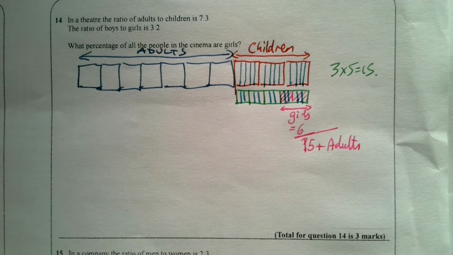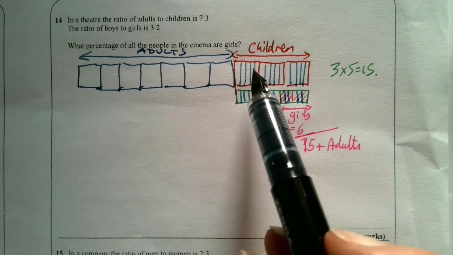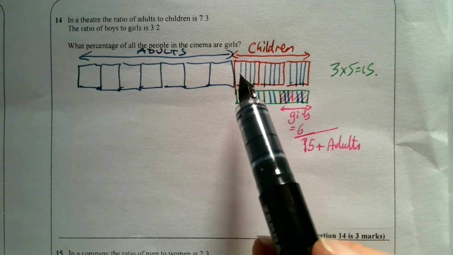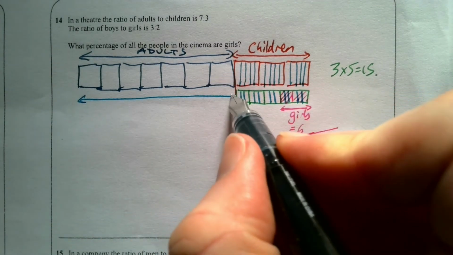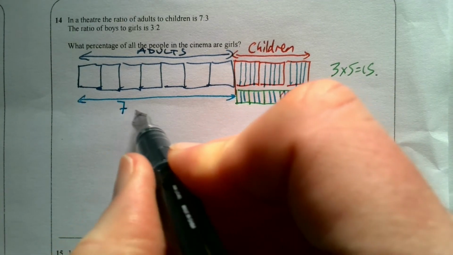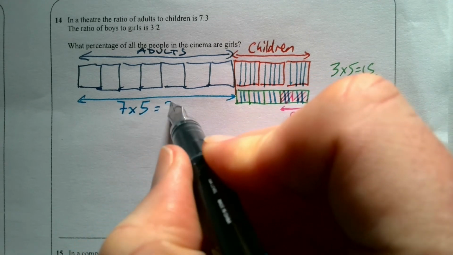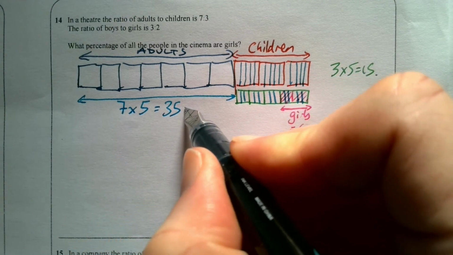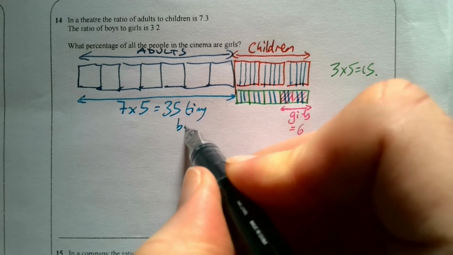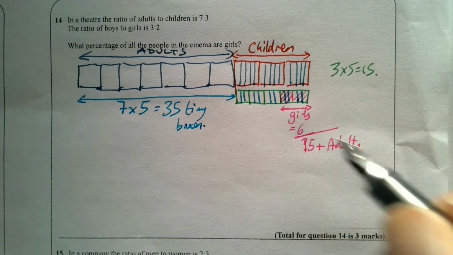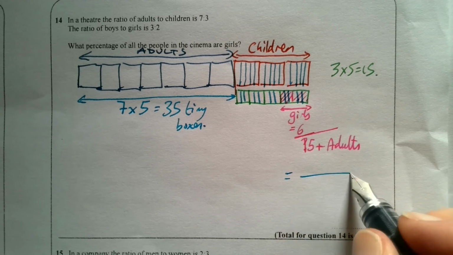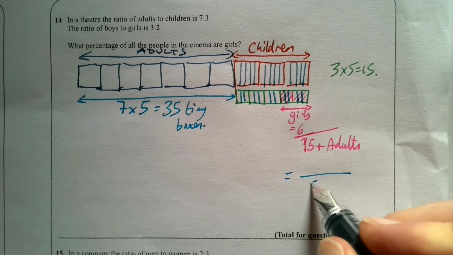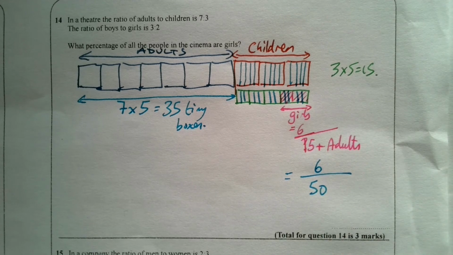Now we had 7 for the adults, but if you look at the size of the box being the same as these ones here, we times all of these by 5, didn't we? So we could say that the adults are going to have 7 boxes times 5 equals 35 tiny boxes. And this is 6 tiny boxes. So 15 plus 35 is 50, and then we've got 6 out of 50.